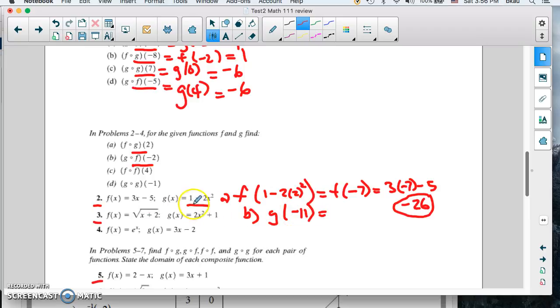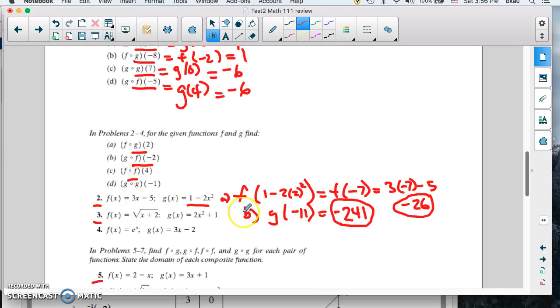And then we're going to take -11 and plug it in here. So -11 squared is 121. So that's going to be 242. And it's 1 minus 242, so it's -241 will be the answer for B.